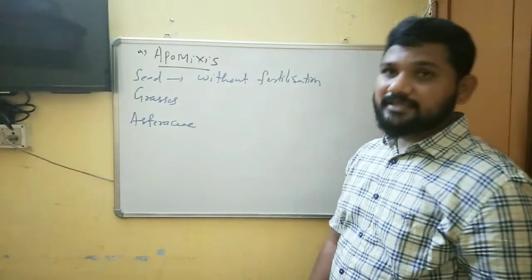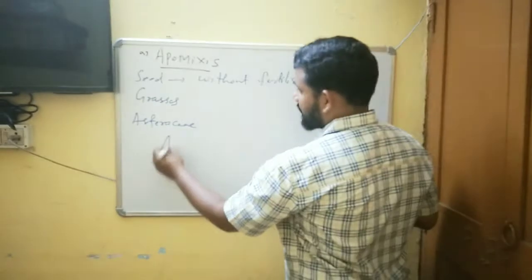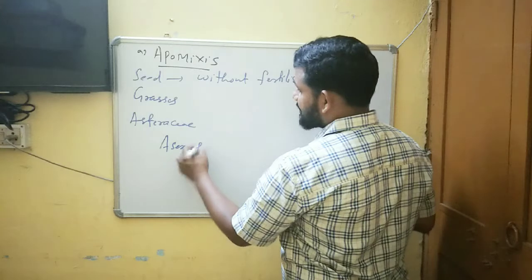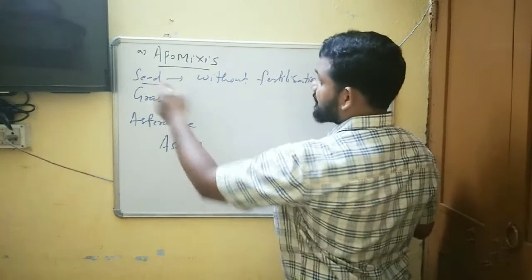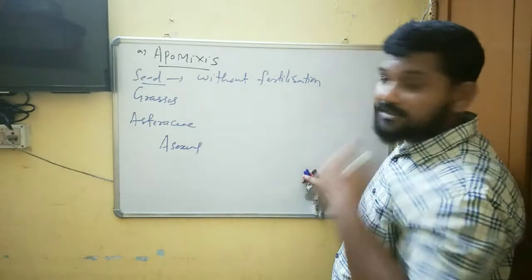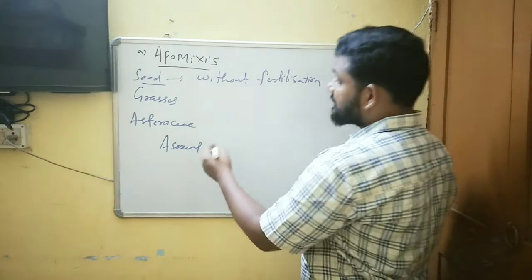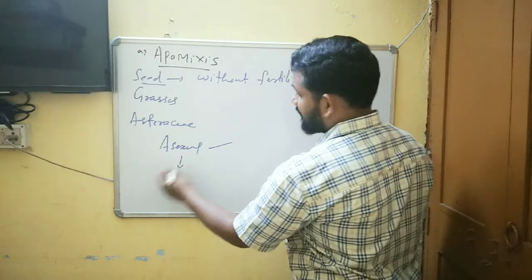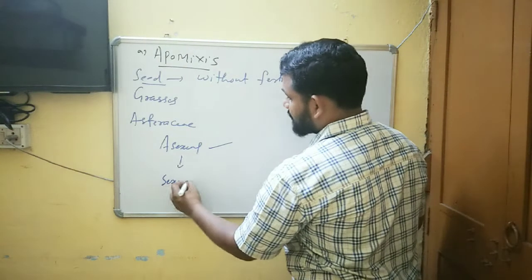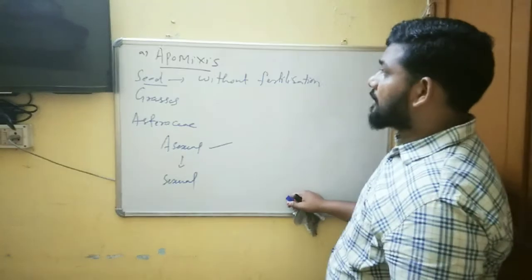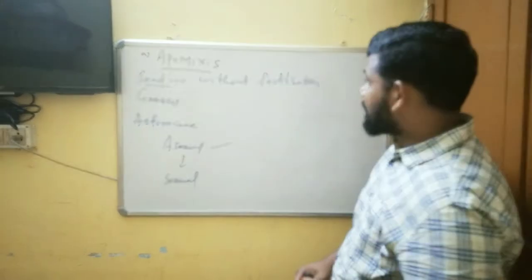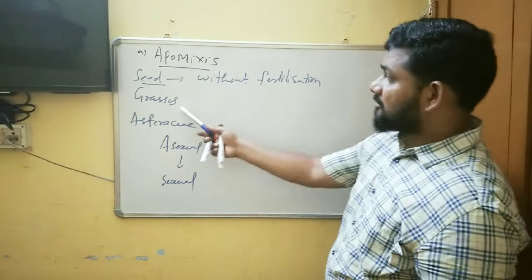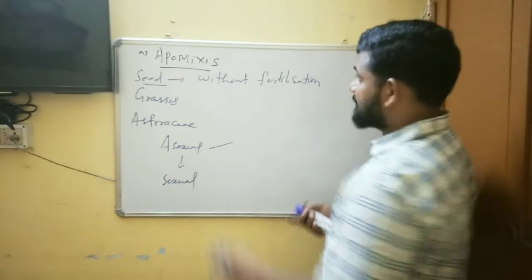Actually, apomixis is asexual reproduction because sexual fertilization is absent, but it produces seeds. Formation of seed is a characteristic feature of sexual reproduction, so apomixis is actually asexual reproduction that mimics sexual reproduction. Example: grasses and the Asteraceae family.